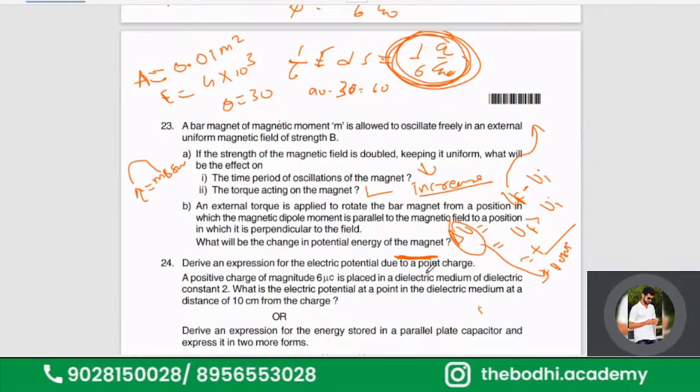So here the potential energy at the final stage will be increasing, so the change will be a positive change. It will increase. That's it. So you can write, it will increase the potential energy of the magnet. Got it?